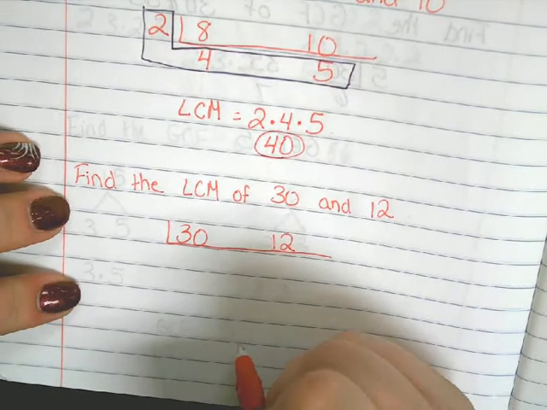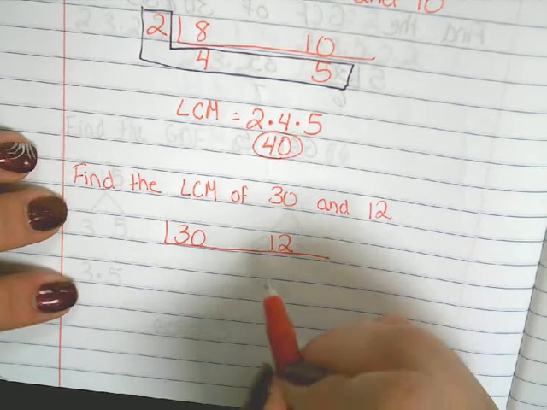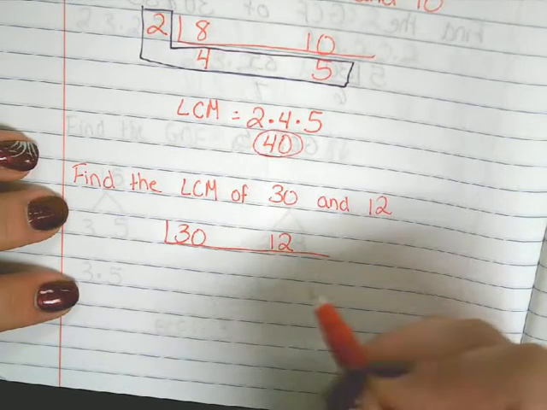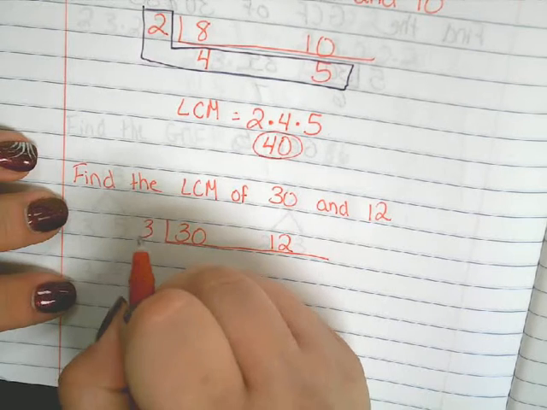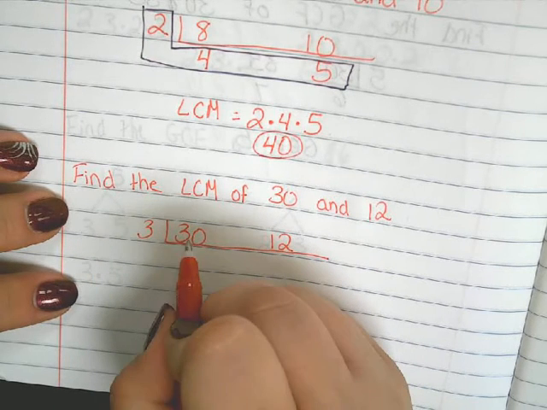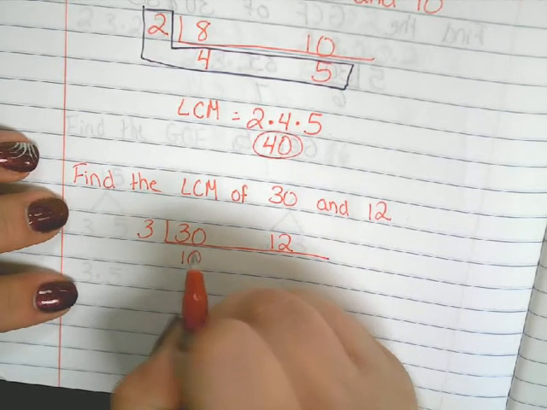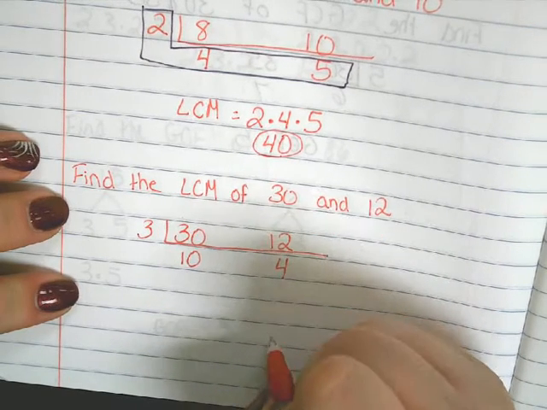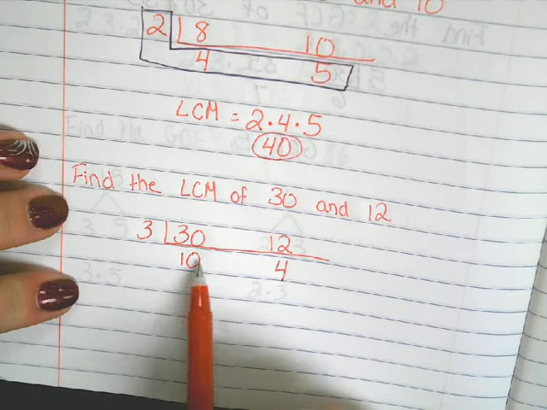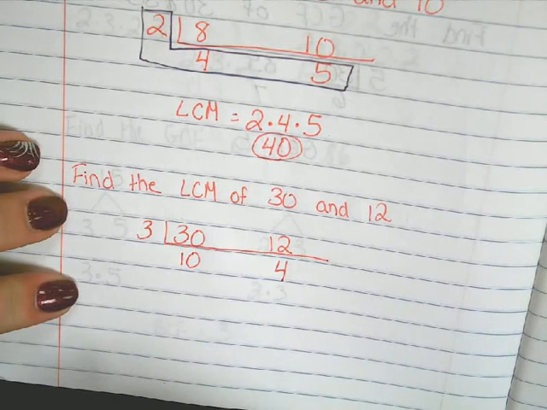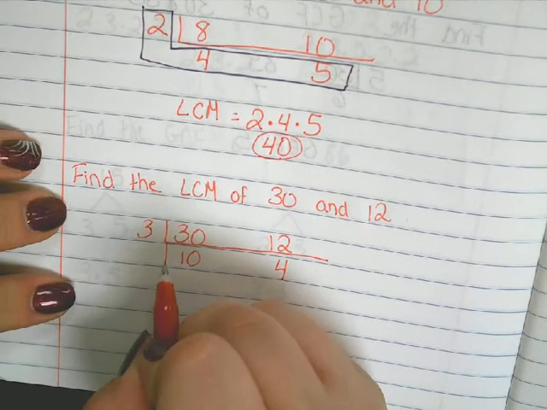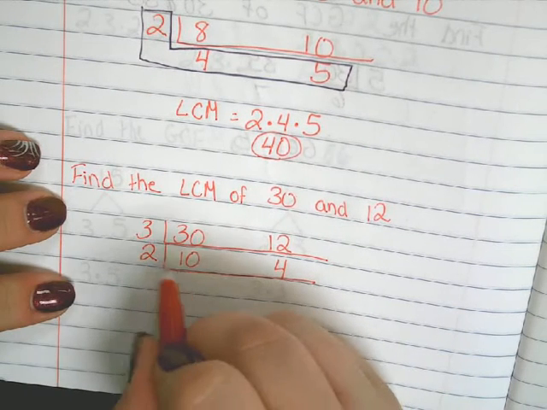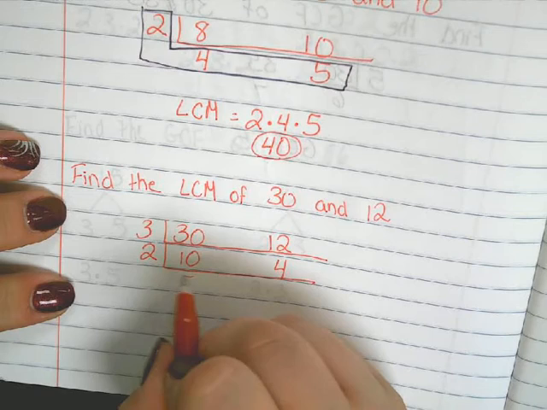Now, what number goes into both of them? 3. So 3 goes into 30 10 times. 3 goes into 12 4 times. Is there a number that I can divide 10 and 4 by? Yes, 2. So draw another layer, so put a 2 outside. 2 goes into 10 5 times. 2 goes into 4 2 times.